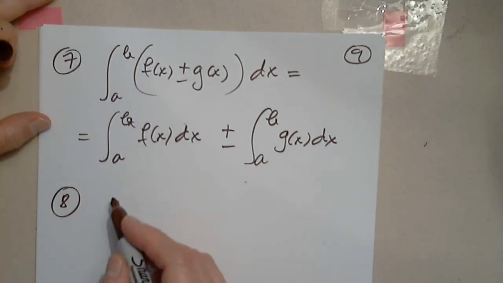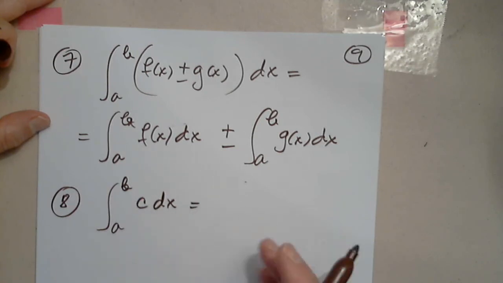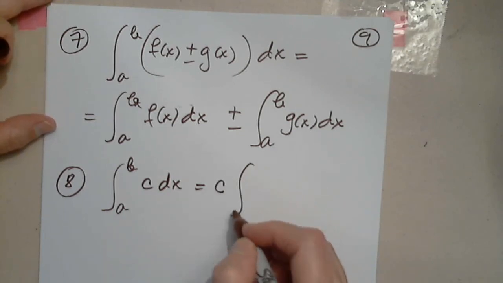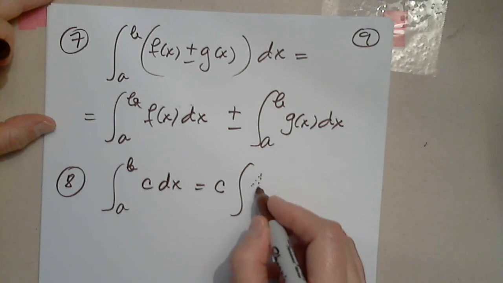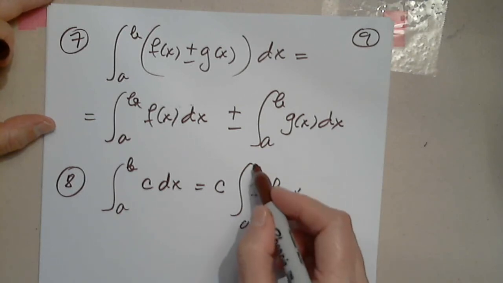Property 8. Let's say the integral from a to b of a constant dx. You will say you just showed us this, that the constant goes in front, correct? So now I have 1, I have to have something, and that's the only thing I can have.